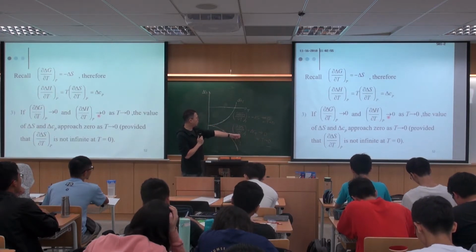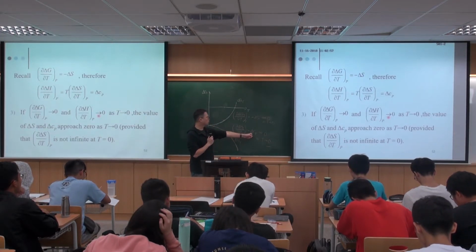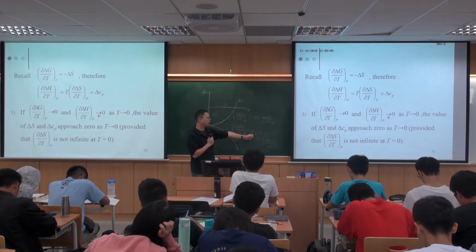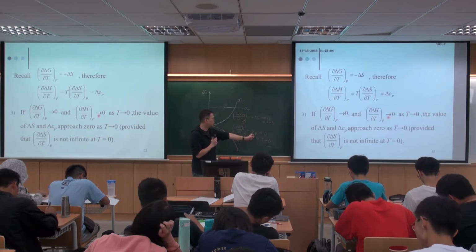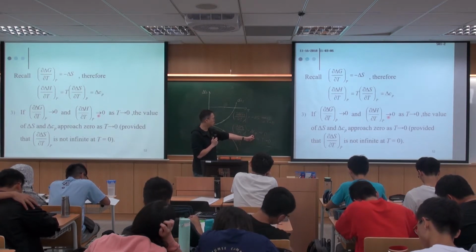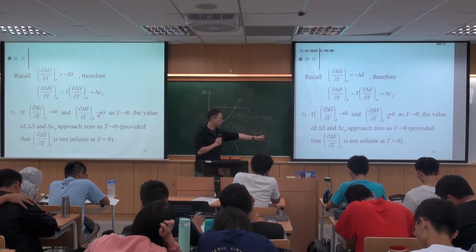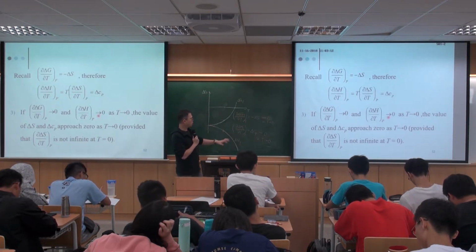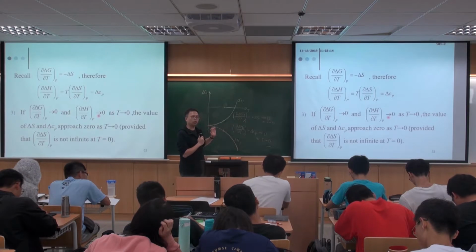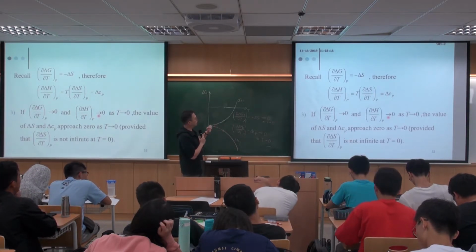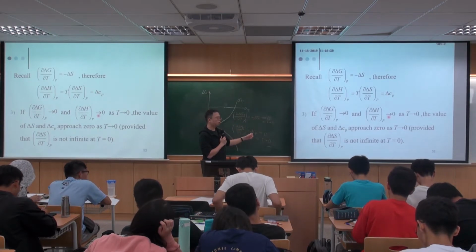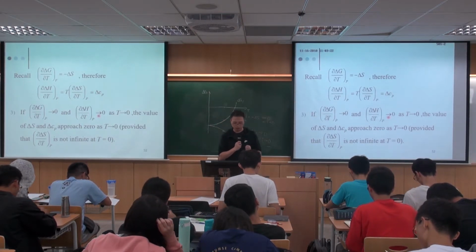And the enthalpy corresponds to the slope of this entropy to the temperature plot, which is related to the difference of molar heat capacity. This will also go to 0 when you go down to 0 temperature. So if Nernst's postulation is correct, then it means that when you go down to 0 temperature, both delta S and delta Cp should go to 0.